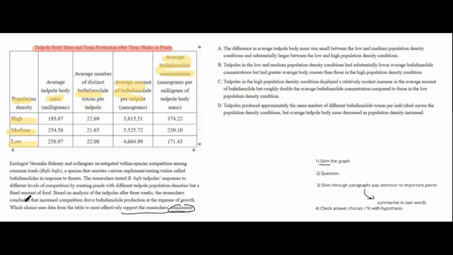So we jump to the last sentence and see that based on analysis of tadpoles after 3 weeks, the researchers concluded that increased competition drove bee production at the expense of growth. So from this point, we can kind of shorten the conclusion made by the researchers and say that increased competition drove bee production, and this required sacrificing growth.